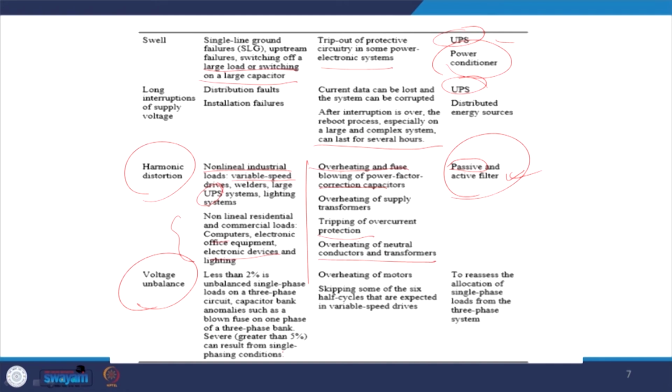So, ultimately if there is an unbalance of more than 2%, then there will be overheating of the motor, skipping of some of the 6 cycles that is expected from the variable speed drive, and thus the torque rating of the motor will be reduced, and to remove it we require a UPQC to relieve the allocation of the single phase load from the 3-phase system.